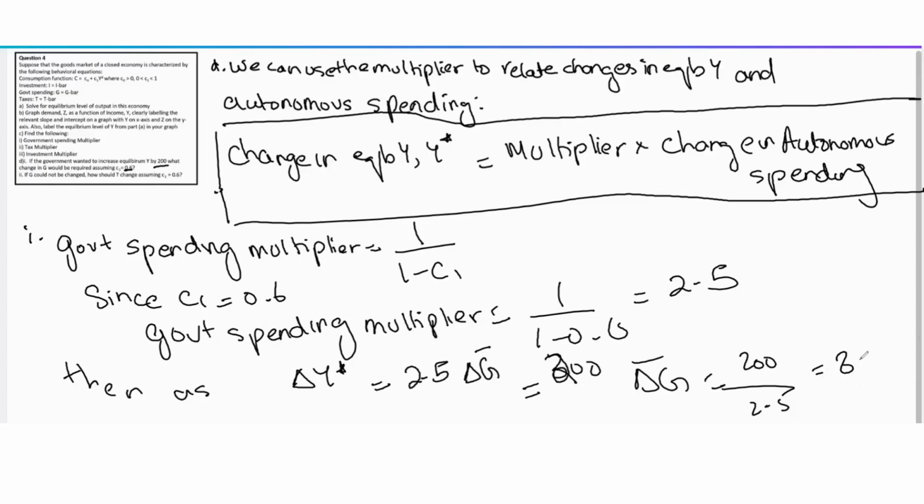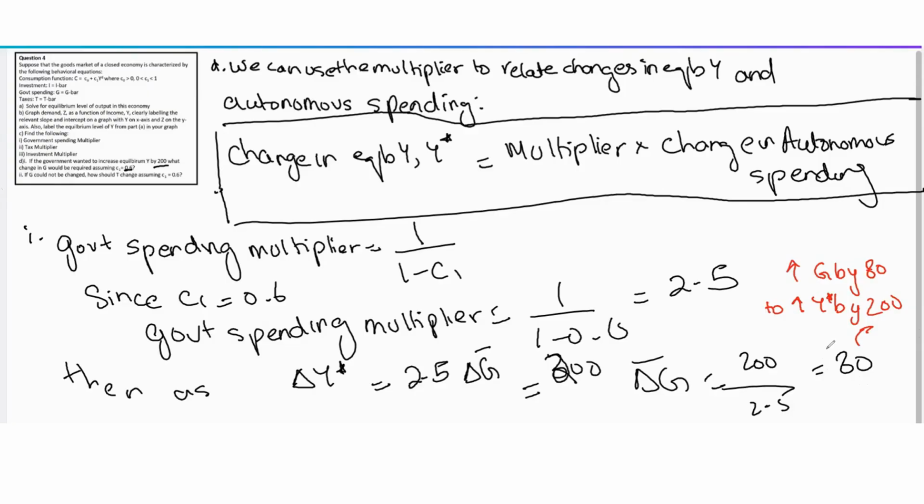So what does this 80 mean? This means increase G, which is our G bar, by 80 units to increase Y star by 200 units.